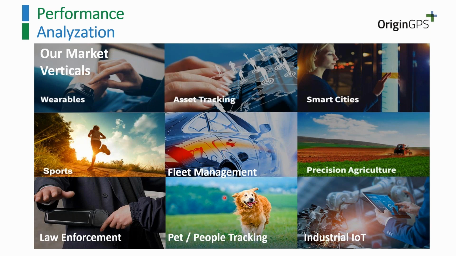For example, if the tracker is for dogs, it will be a different application than car trackers. We need to talk about the scenarios, whether we need 24/7 tracking, or there are different scenarios. And for each topic, we will handle the performance analysis differently.